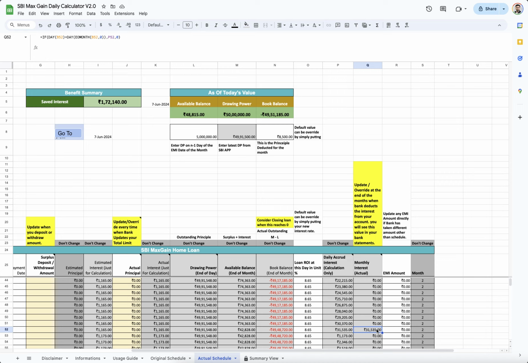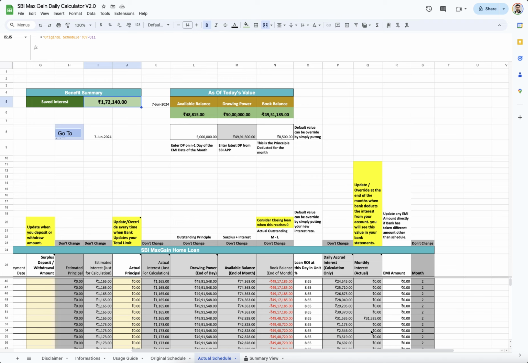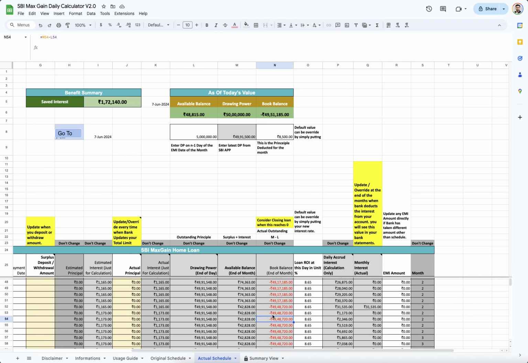It won't be much difference, but whatever the value is, you just need to update it and mark it in a yellow cell, so you can see the difference between these two. It would be a good practice to maintain how much of the interest is getting deducted, and this saved interest and these high level parameters give you the final values correctly.